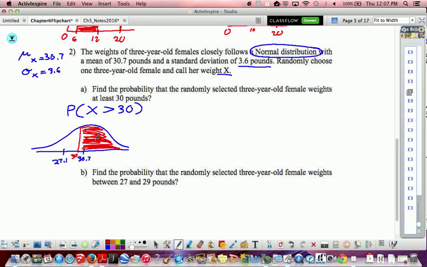With normal curves, what would we have to calculate first to get this value? Do you remember what type of score we need to figure out? Yeah, z-score. How do we calculate z-scores again?